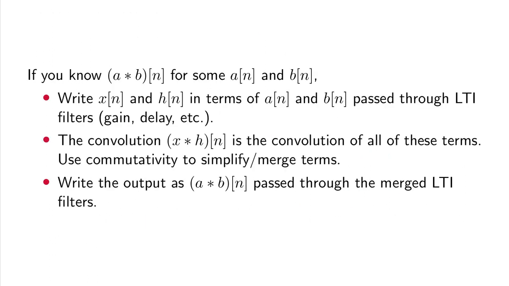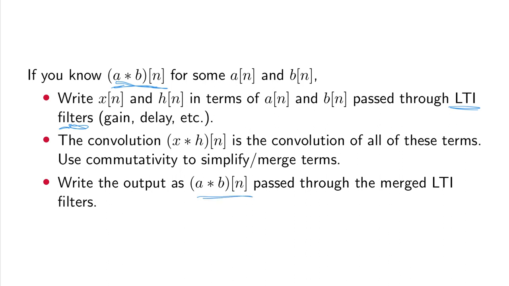So what's the general recipe? Suppose you know a star b, so you know the convolution of a and b for some a and some b. If you can write your h and your x in terms of a and b passed through some LTI filters, so that x is, for example, a version of a which is put through some delays or gains or other LTI systems, and h is similar, then the convolution of x and h is the convolution of all of these filters, and then also you get this convolution a star b at the very end.